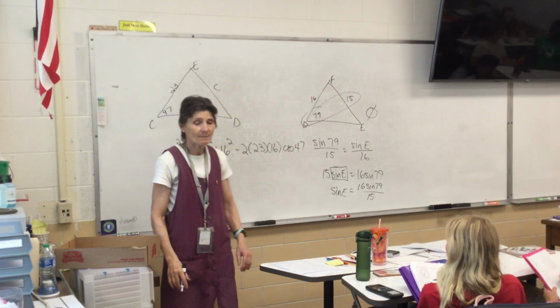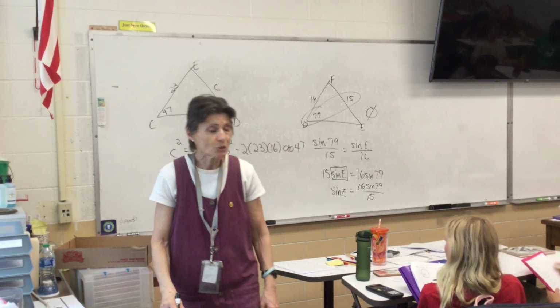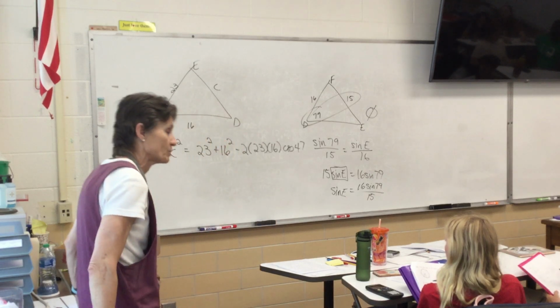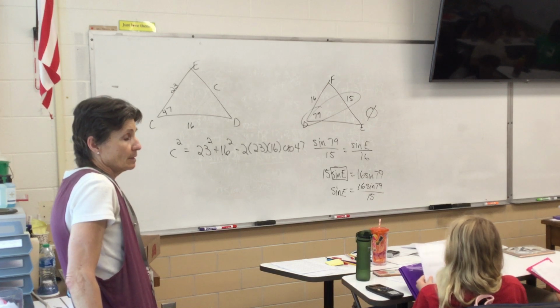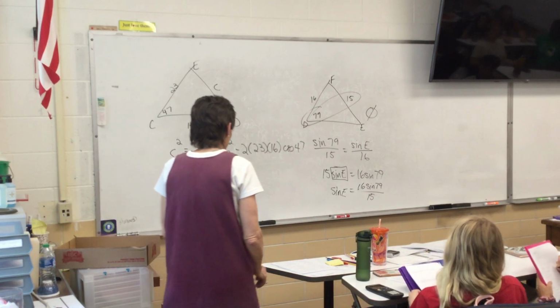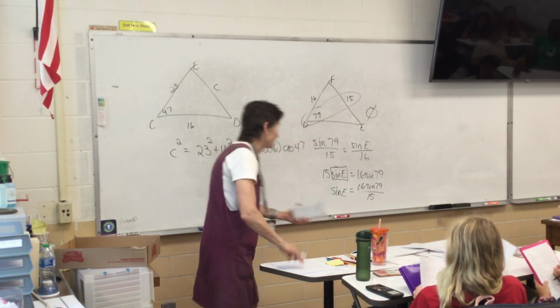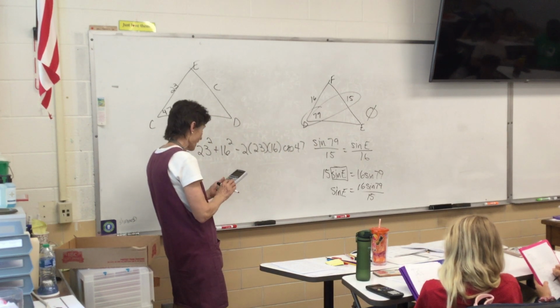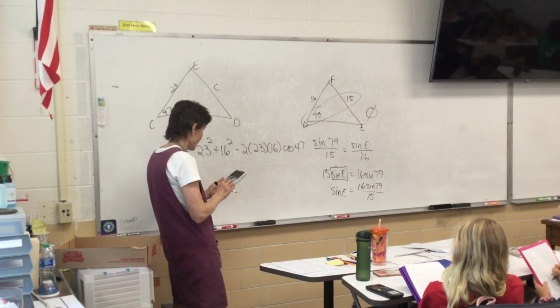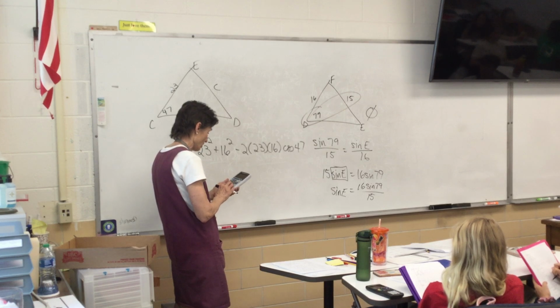And no, I am not giving you the law of cosines. You are a fourth year math student. You need to know law of cosines. This is an easy one to type in. I can just type it in. But who remembers what I have to remember to do after I get it all typed in?